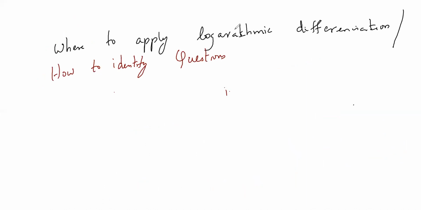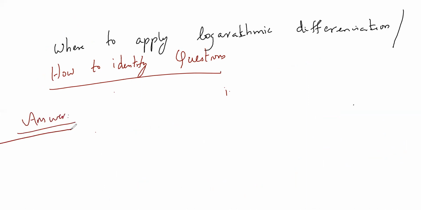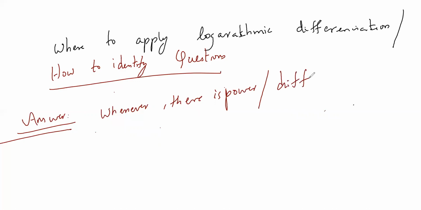Now, how to identify these logarithmic questions? This comes from my experience. Whenever there is power, in the sense, when you see questions like x square, x power 1 by 2, x power 3 by 2, we use logarithmic differentiation.